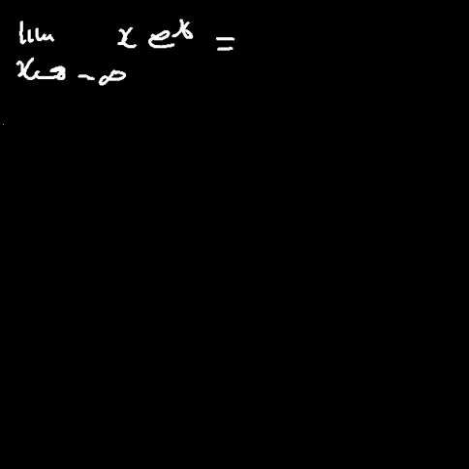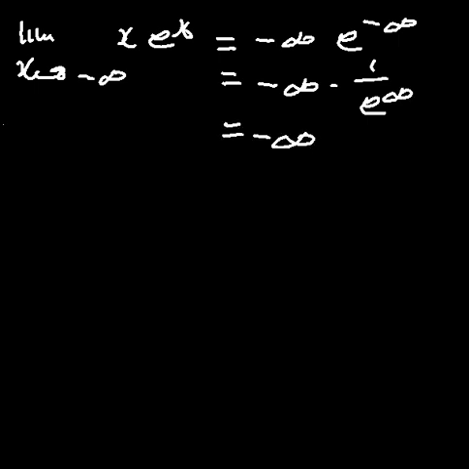Upon direct substitution, we have negative infinity times e to the power negative infinity, which is the same as negative infinity times 1 over e to the power positive infinity. So which is the same as negative infinity times 1 over infinity, which is the same as negative infinity times 0, which is an indeterminate form.